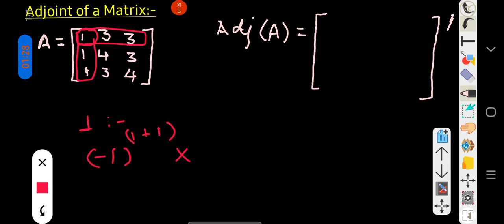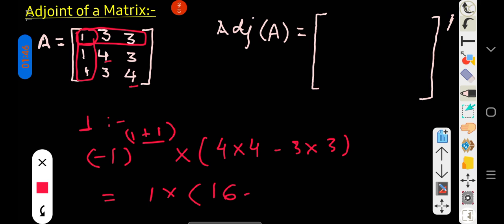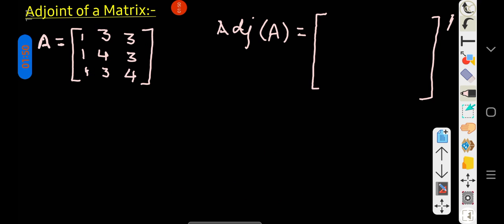It will be multiplied by the rest of the elements: 4 times 4 minus 3 times 3, right? So it will be minus 1 raised to the power 2, which becomes 1, and here 16 minus 9 is 7, right? So the first element will be 7 here.